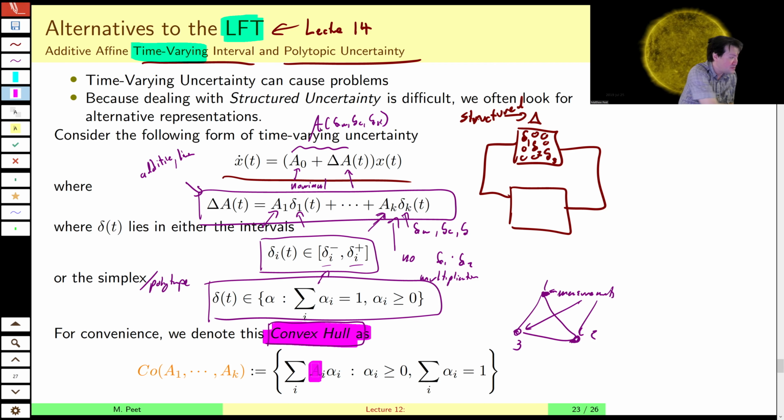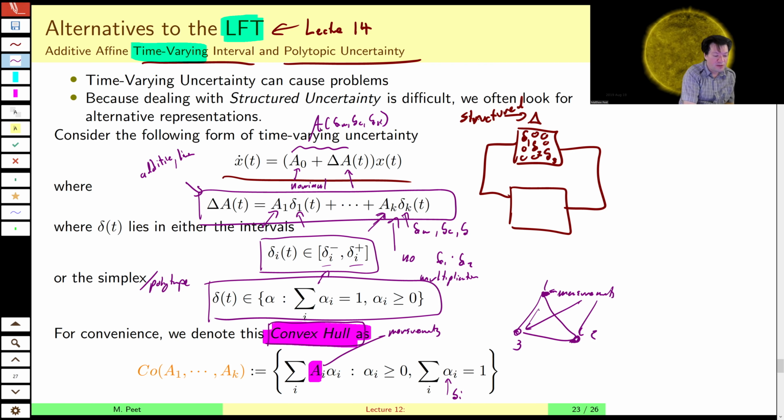So it's a definition, the convex hull of those measurements. These are the measurements. And now our uncertainties are actually these alphas, which are actually deltas, I guess. But delta lies in this set. And we can make that time varying by allowing these parameters to vary anywhere in our set.